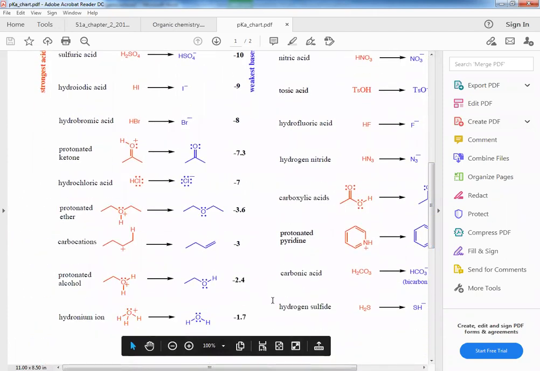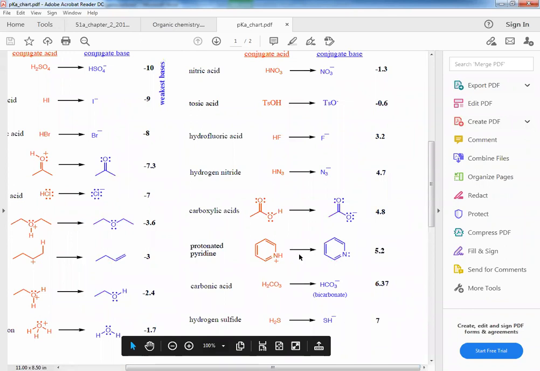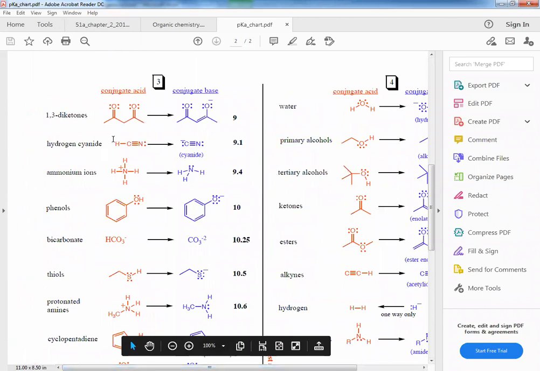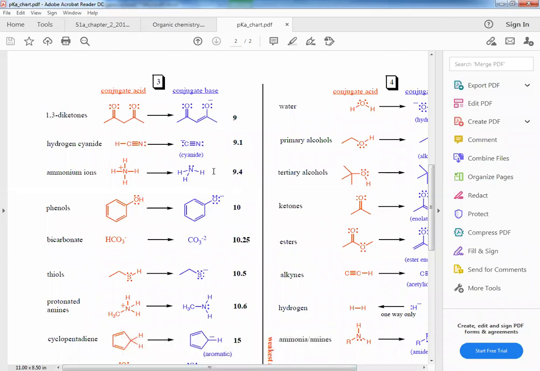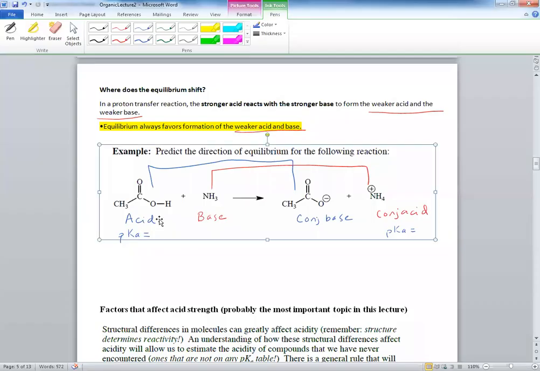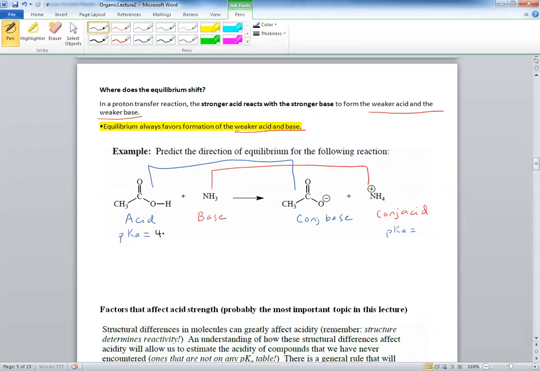Here it is. It's about 4.8 for the carboxylic acid, and for the ammonium ion it is about 9.4. So this was 4.8, and this was 9.4.